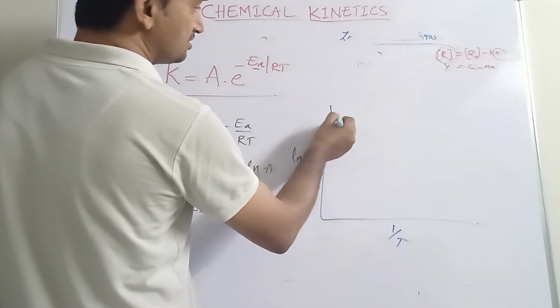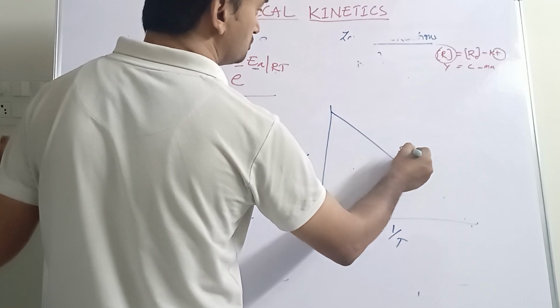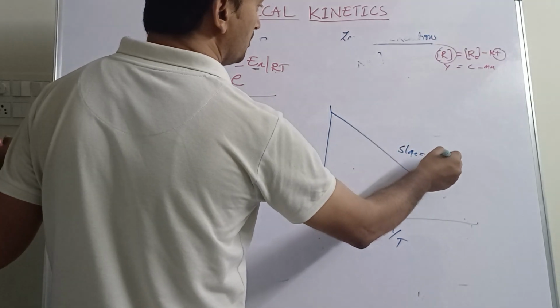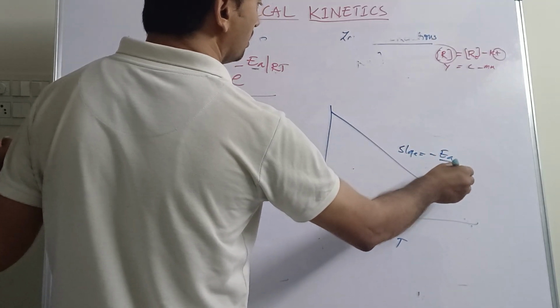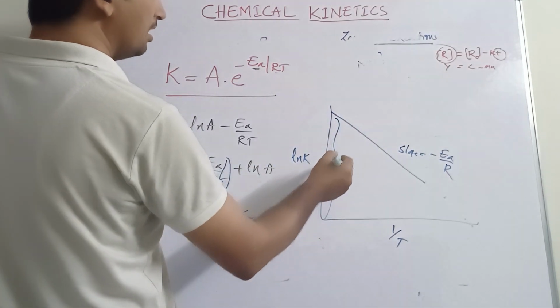That is, the slope is minus Ea by R. So here slope equals minus Ea by R, and the intercept is ln A.